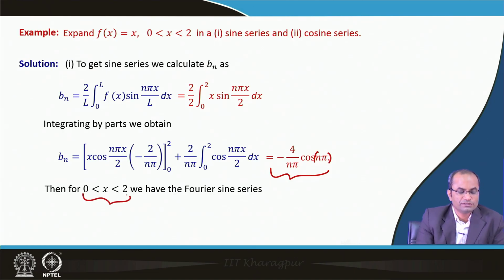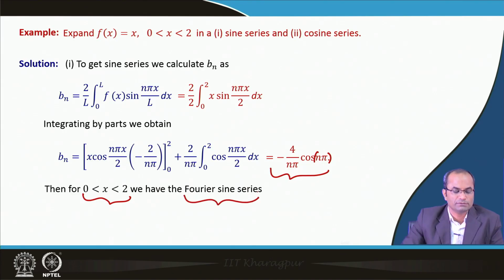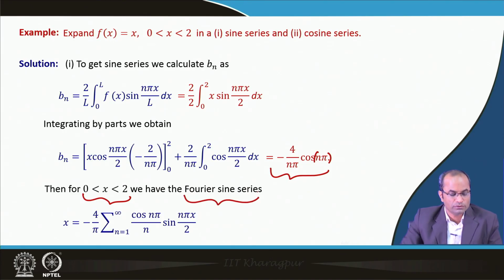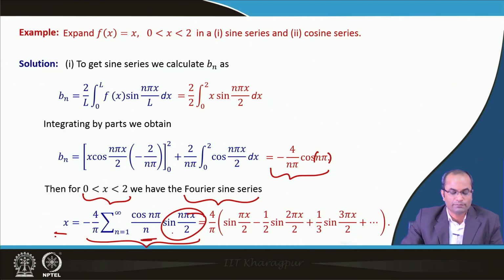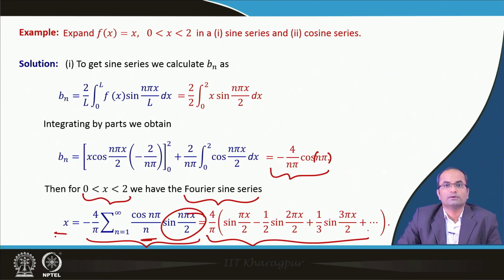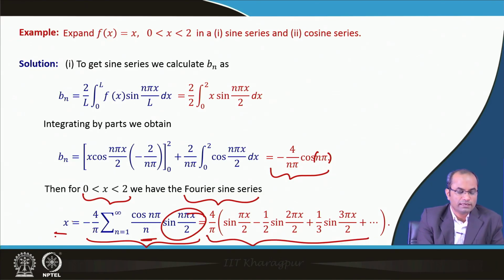So, in this region 0 to 2 we can have this Fourier sine series because we have the b_n's ready now. The x can be written in terms of the sine series with the coefficient 4 over n pi and this cos(n pi), or we can expand it. We are getting only the sine terms in the series, and this is the representation of x.